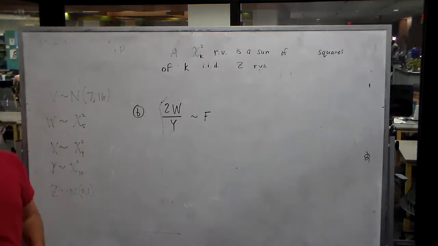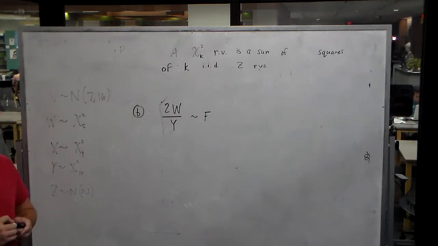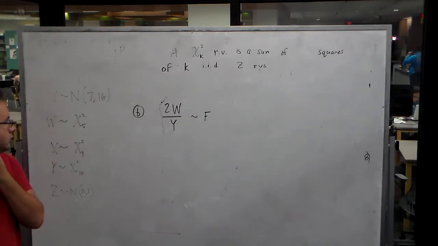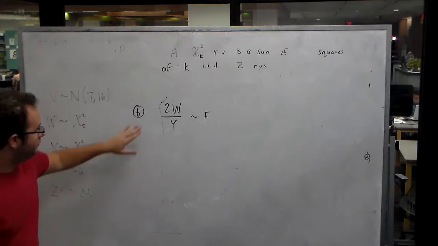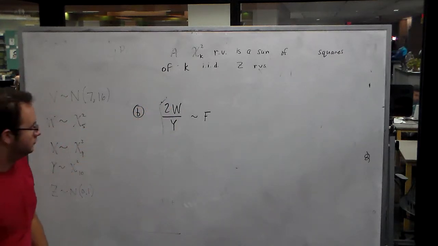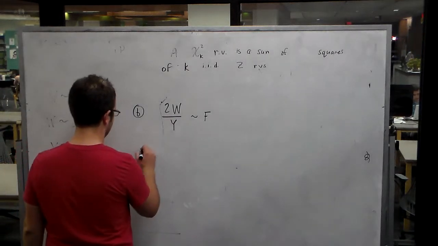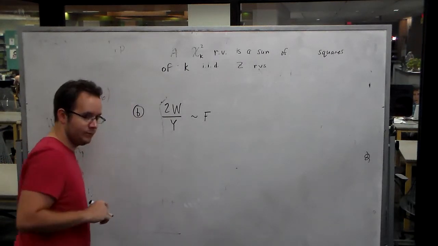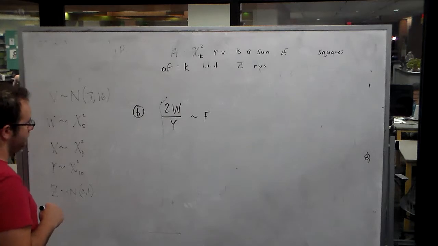What I always wondered when you're going from this to that: W is a chi-squared with 5 degrees of freedom. In the F distribution, that would be chi-squared divided by 5, and then Y is chi-squared divided by 10. But you're adding numbers.